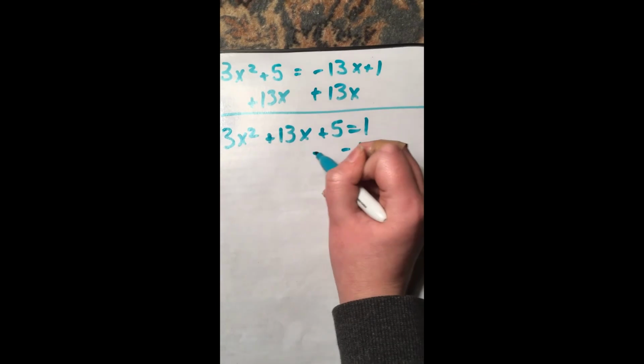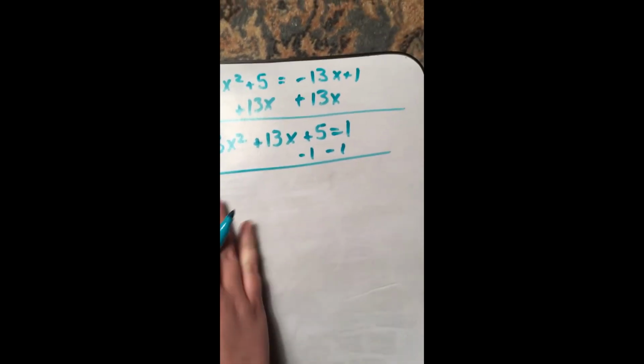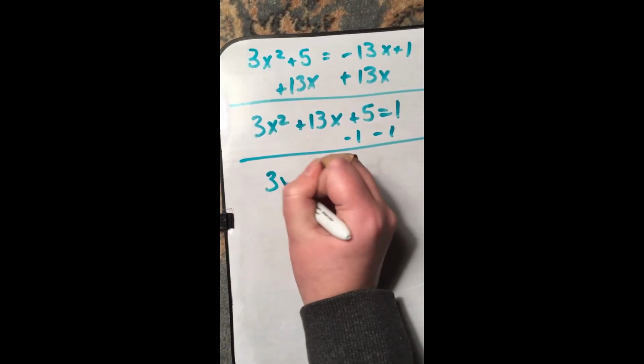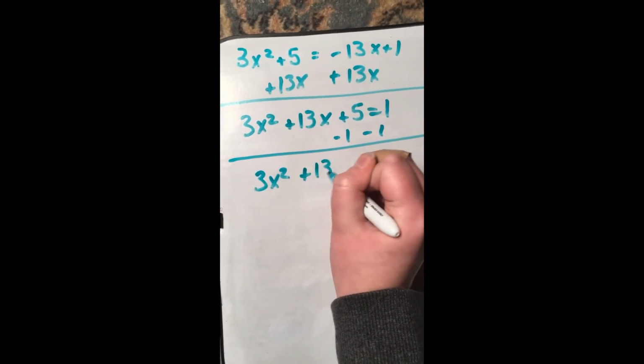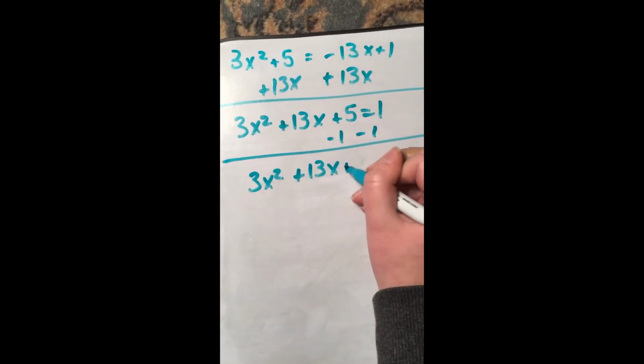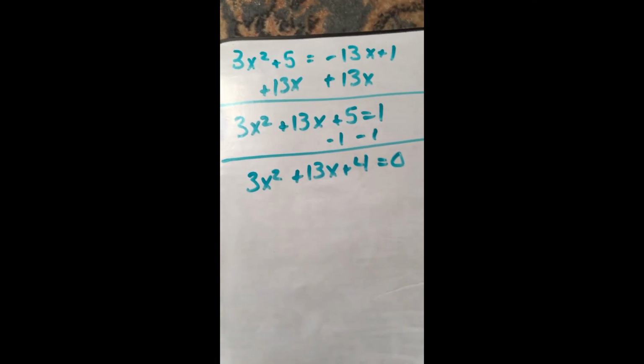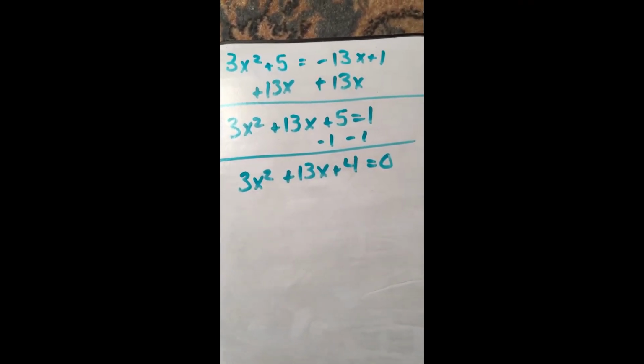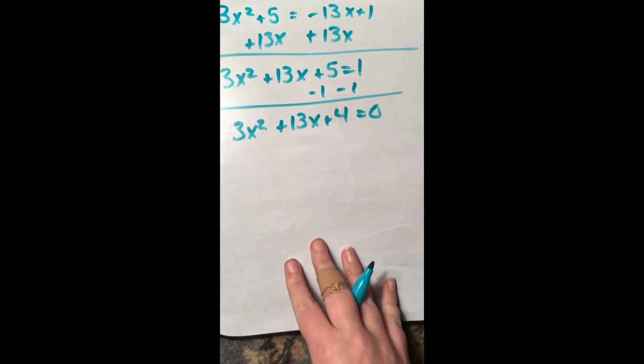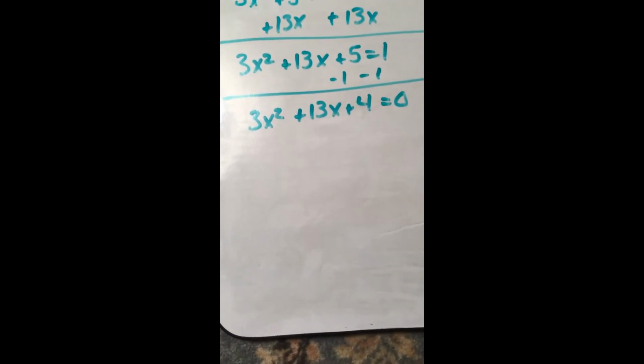Alright, now we have to minus 1 from both sides. And we're going to be left with 3x squared plus 13x plus 4 equals 0. Alright, so now we have it in standard form. So now we can factor.